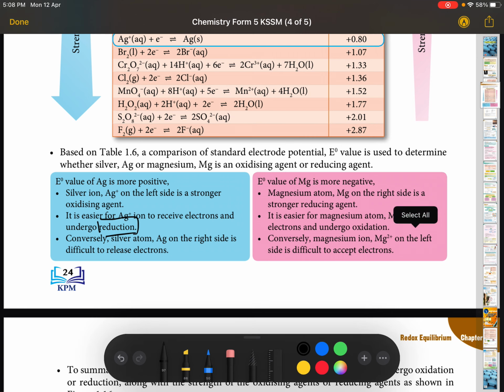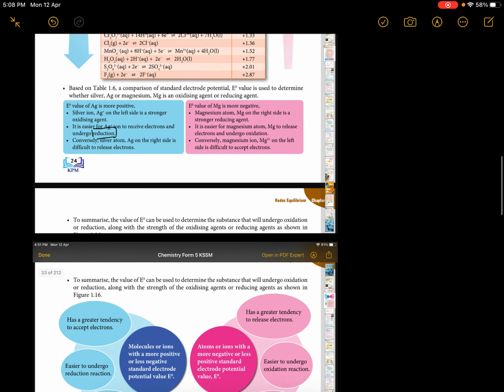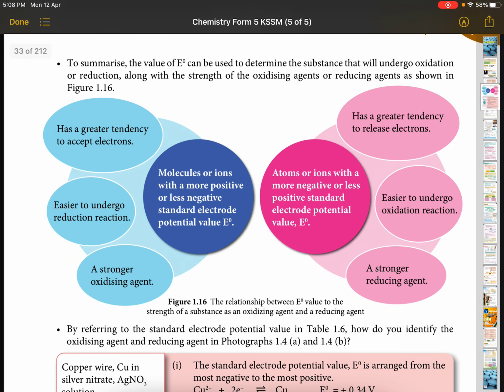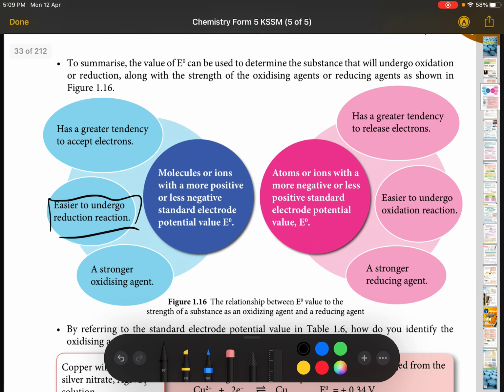This is an example. I'm going to go to the page after that if I can. I think it's here. So we're going to find the one that is easier to undergo reduction. So we want a more positive or less negative E0 value, or standard electrode potential. So we want to go back.